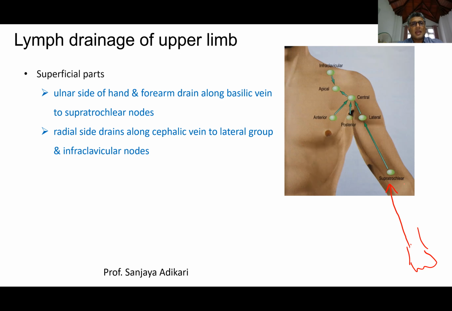This one actually drains along the basilic vein, the ulnar side. Then superficial lymph from the radial side of the hand and forearm will drain along the cephalic vein into the lateral group or infraclavicular group of lymph nodes.